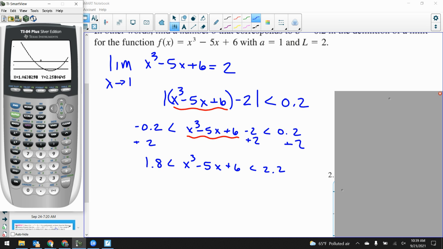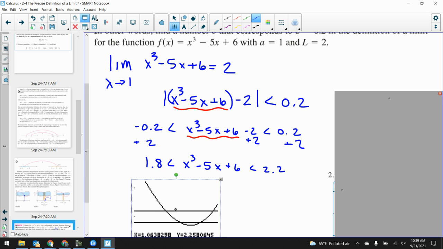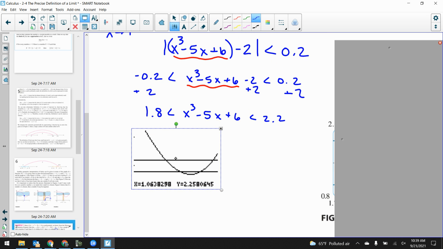Okay, so what are we seeing here? We're seeing the function go by. This line is my 1.8. This line is my 2.2, right? And I know 1 is somewhere in between here.